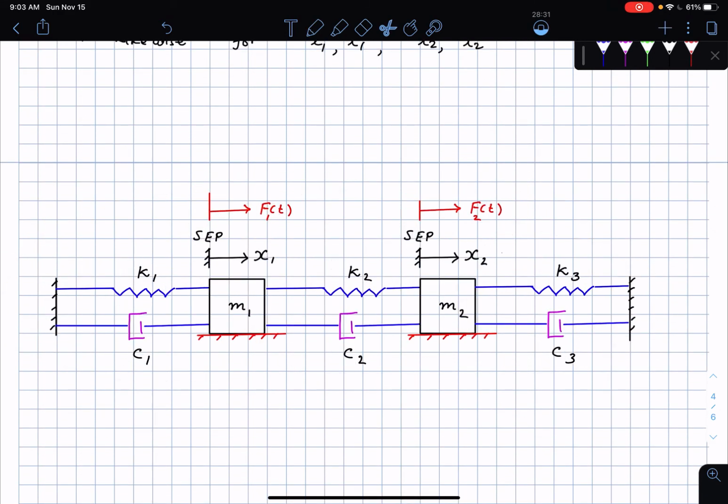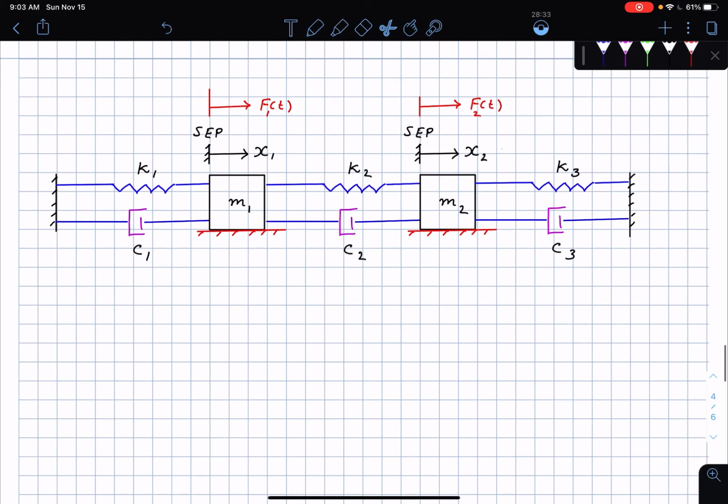So I draw this system once again from here, and then I notice the following. For a positive x1, the spring of stiffness K1 is stretched. The spring of stiffness K1 is in tension.